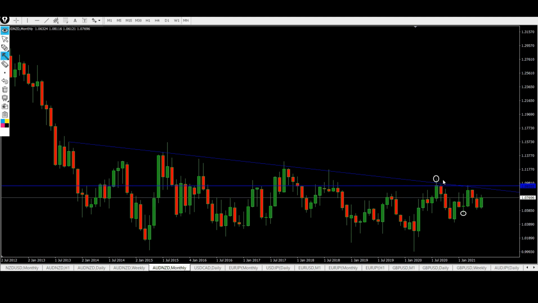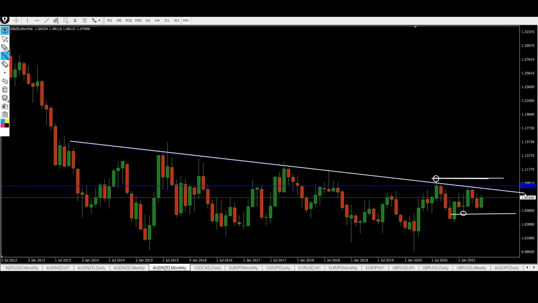So that weekly bias stated that price is likely to reach this pivot high right here before reaching this pivot low. However, even before this main target is reached, price reached this trend line, so this pivot to this pivot right here, which became a target for that weekly bias at this level right here. And thus, the bias changed from long to short, all the way down to this pivot low right here.